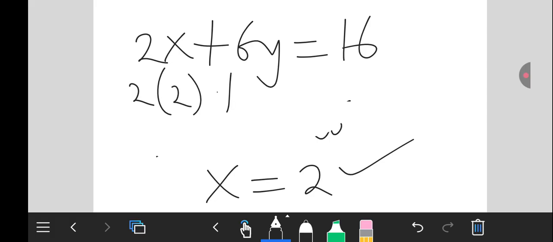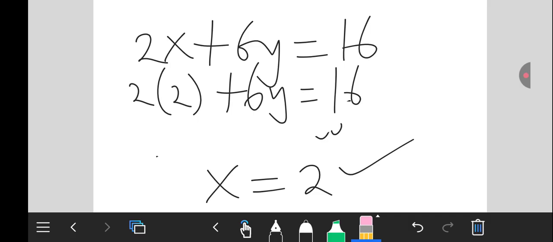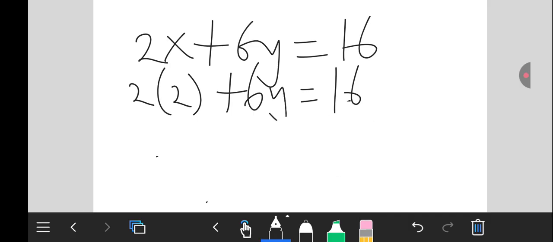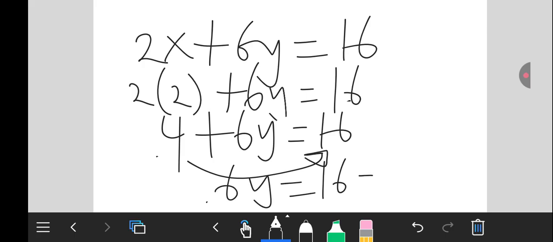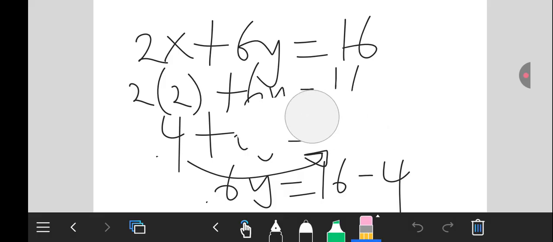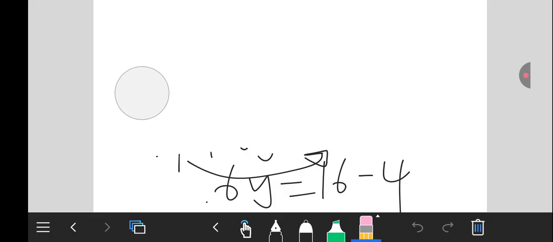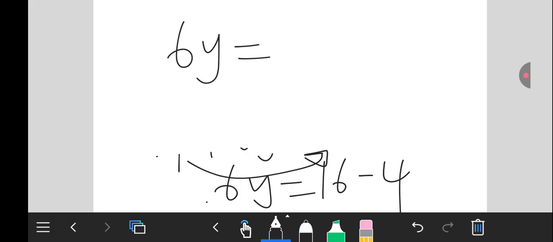So we have 2 times 2, that is 4, plus 6y is equal to 16. We take this 4 to the other side, so 6y is equal to 16 minus 4, that is simply 12.